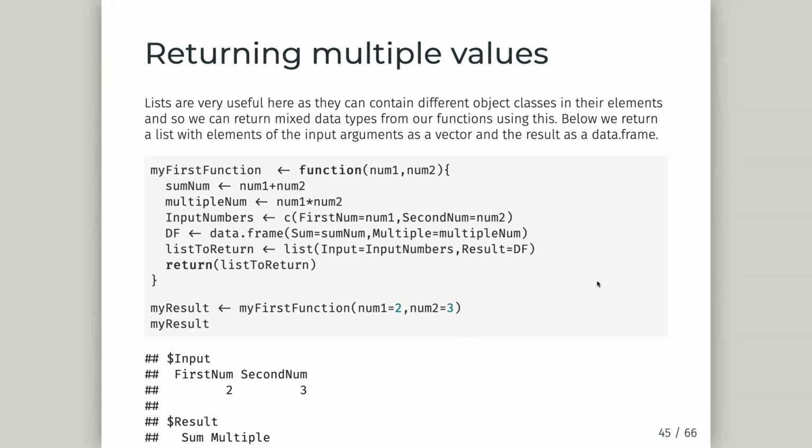Have a list result is that. I'm also going to provide the input numbers. So input numbers, first number is 1, second number is 2. And I'll put that as another element to my list, and then I will return the whole list. And that's often how I build functions. I have a list or something if I'm doing complex things, if I want to return multiple things.